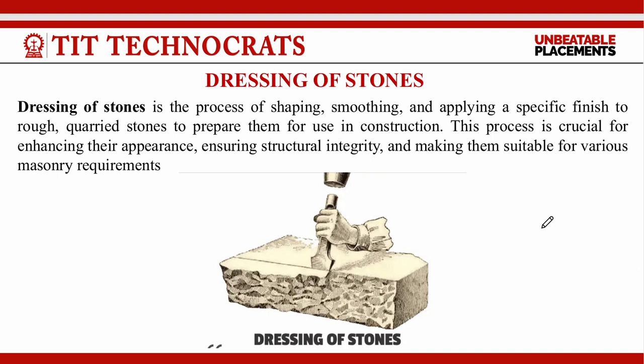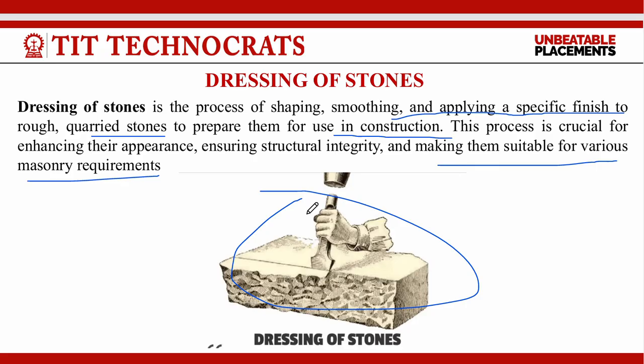Dressing is the process of shaping, smoothing, and applying a specific finish to the rough quarried stone, as you can see in this image. It prepares them for use in construction, because stones cannot be used directly. This process is crucial for enhancing their appearance, ensuring structural integrity, and making them suitable for various requirements.